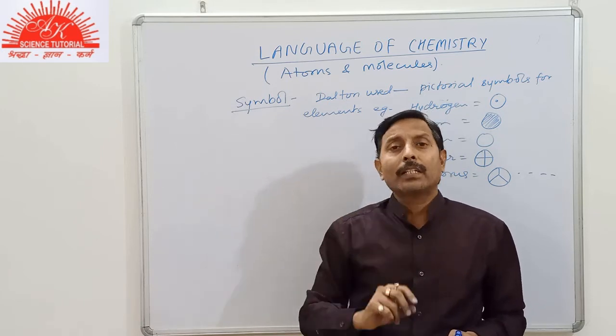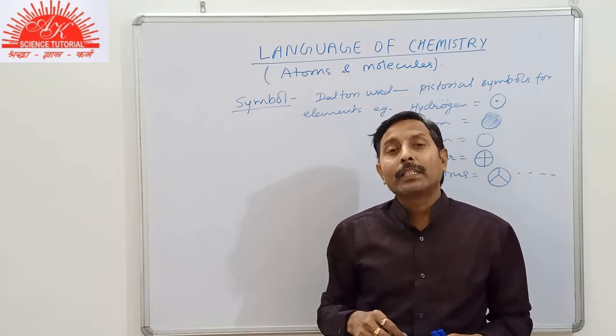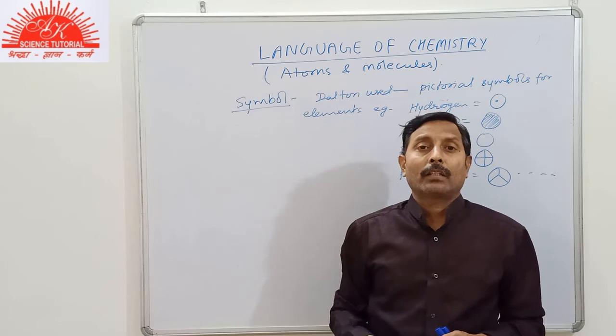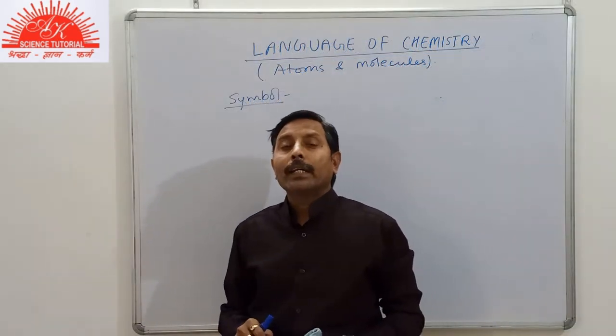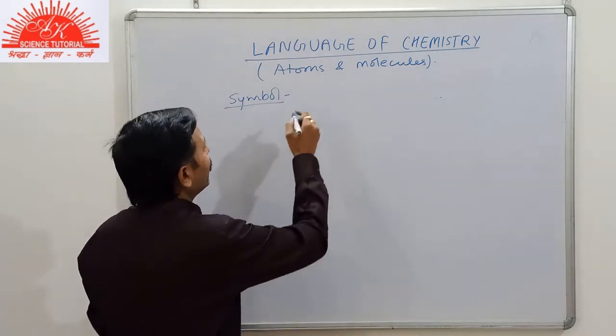One or two letters from the name of the element were taken to represent the symbol or name of the element. So now what is a symbol? Students, now it is the symbol which has to be defined.